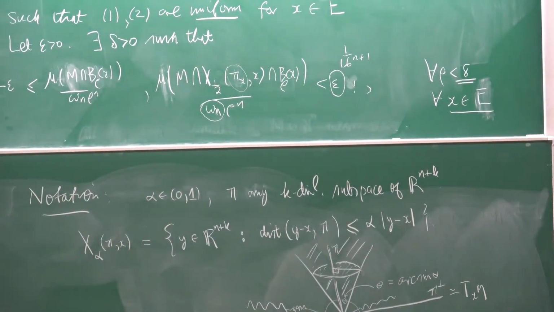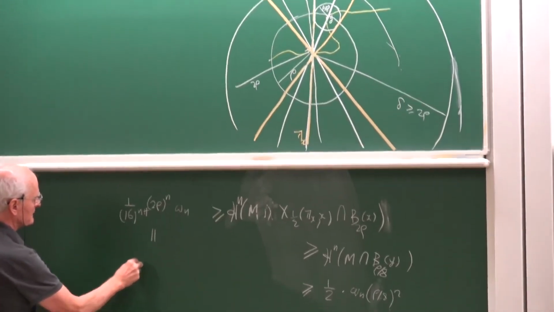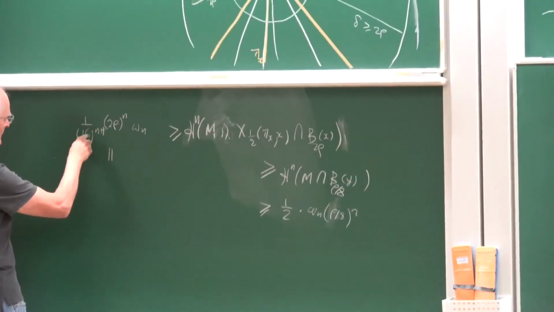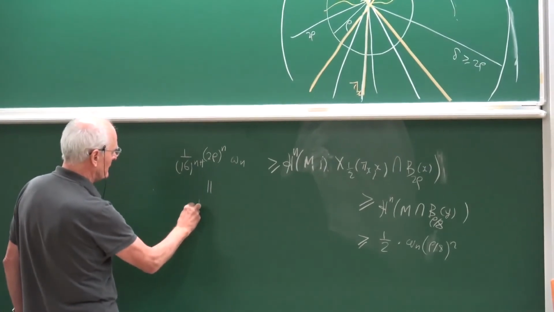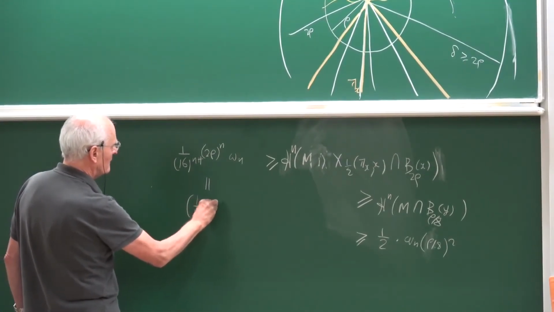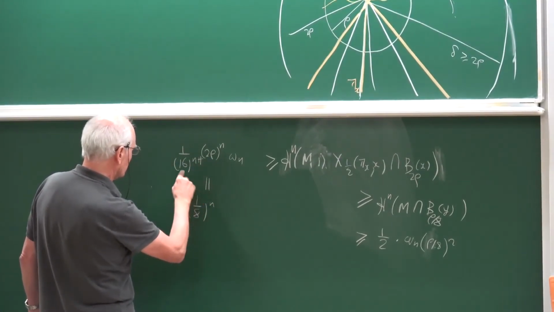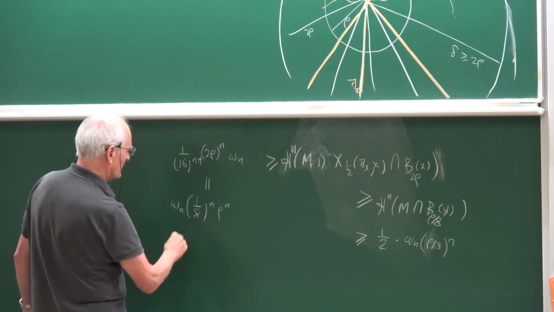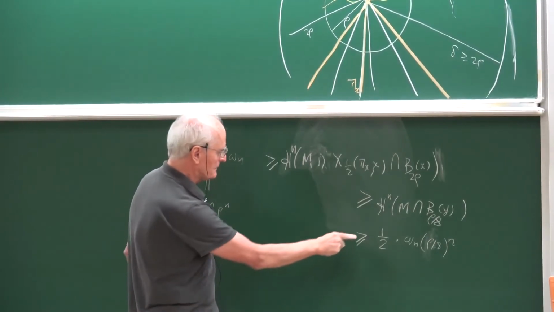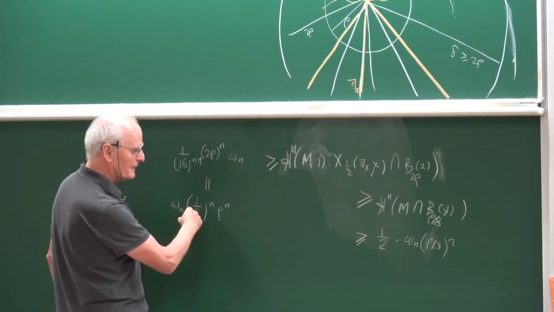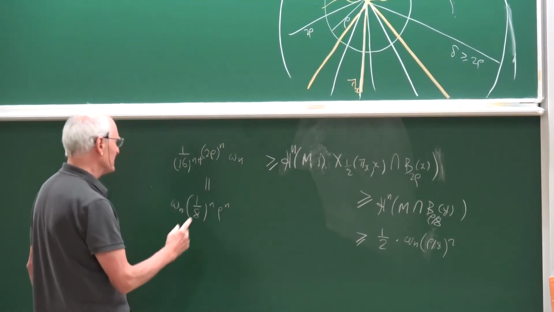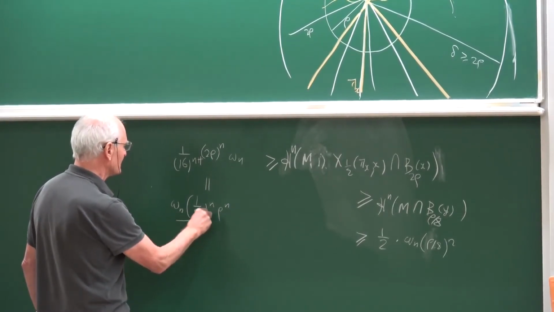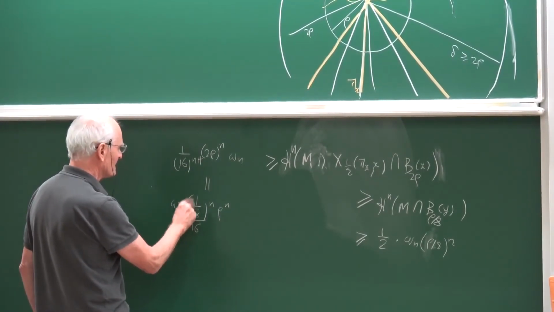So then that's less than 2ω_n. But notice this constant here is, let's see, 2 to the n, that's 8 to the n, 1/8 to the n times ρ to the n times ω_n. And you see that's ridiculous, because there's an extra 16th here.